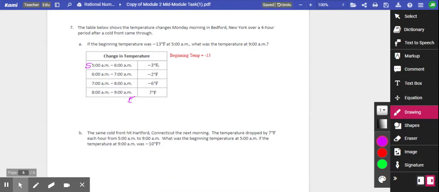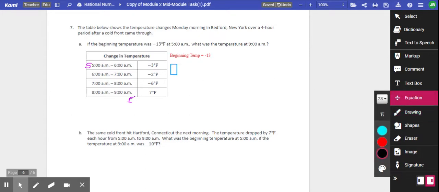Now, remember, these are the changes in temperature, not the actual temperature. So what that means is, if we're starting at negative 13 degrees, and the temperature is now changing, I'm going to put a plus here, by negative 3 degrees.